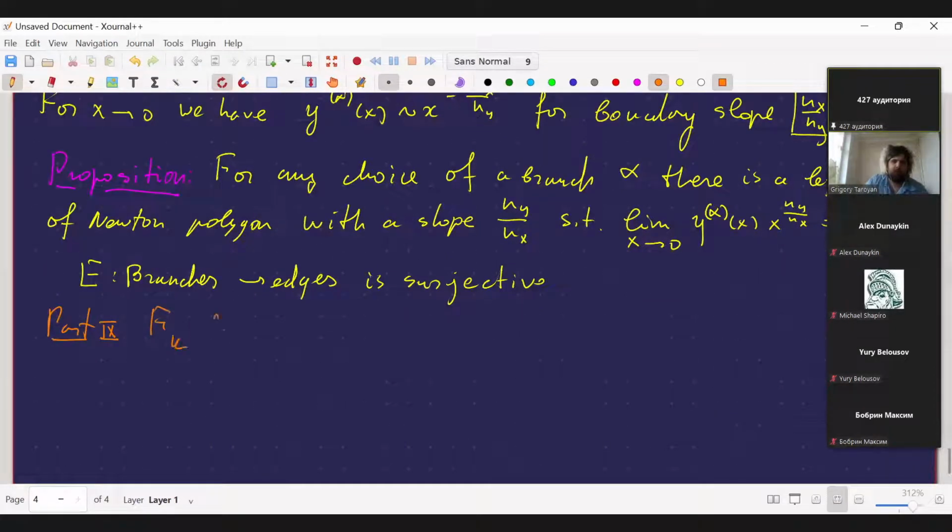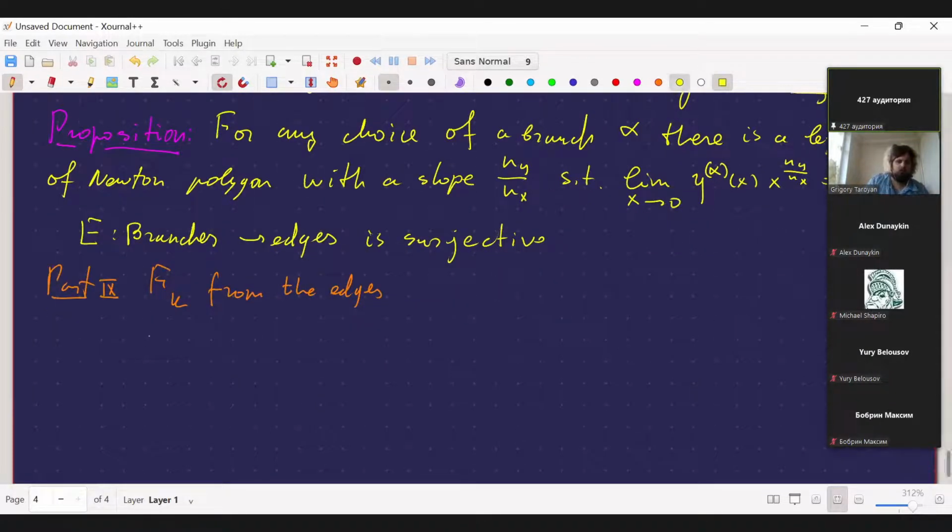Fk from the edges. So here we have a Q difference equation AK of Fk equals to 0, where Fk is expanded near 0.